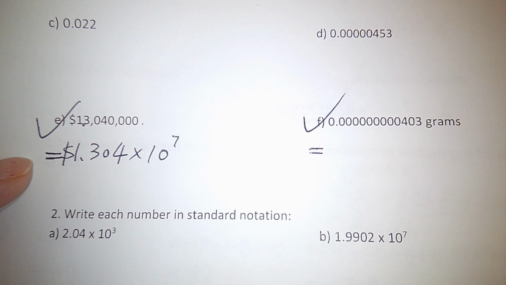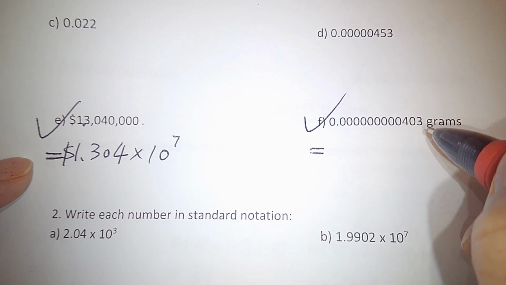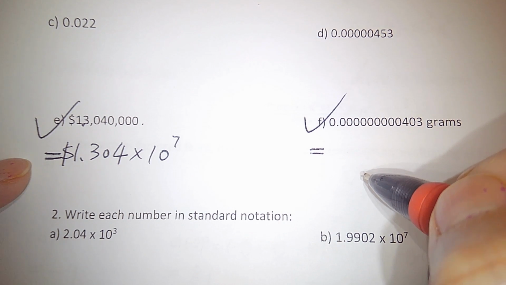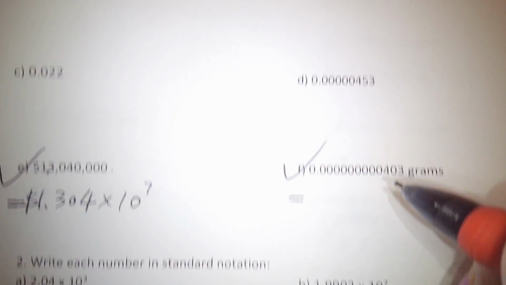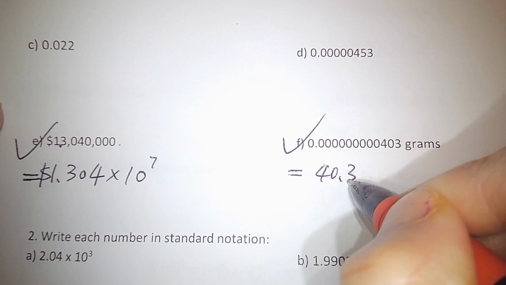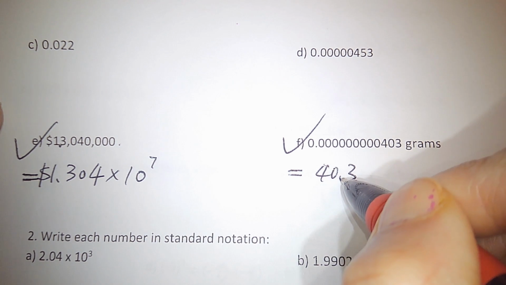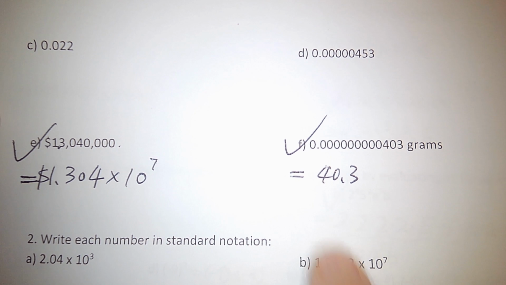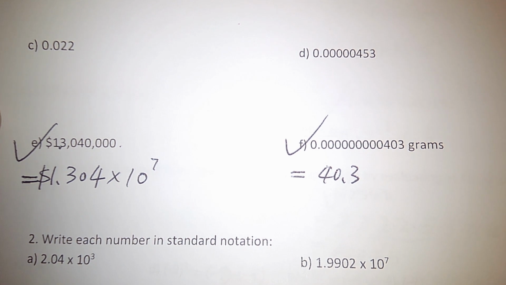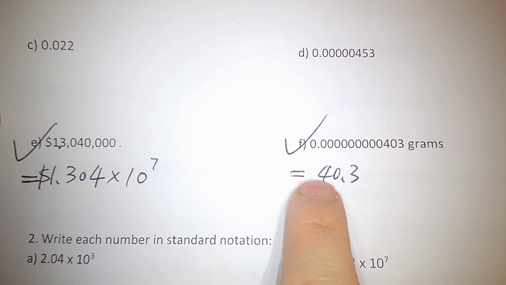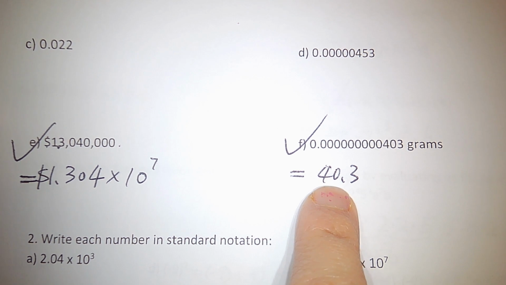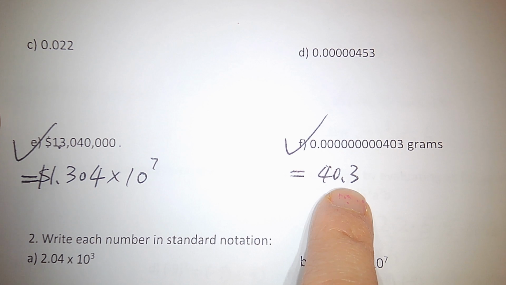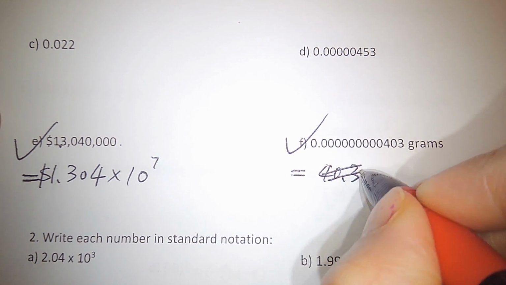Yeah. Jose? 40.3? If we do 40.3, how many digits are before the decimal point? 40, 2 digits. We can only keep one non-zero digit to the left of the decimal point. So can we do 40.3? Okay.